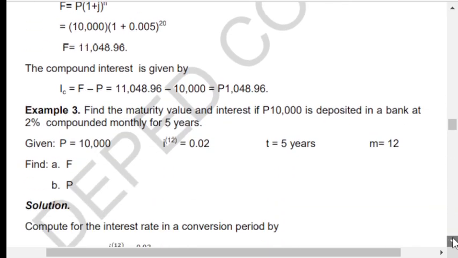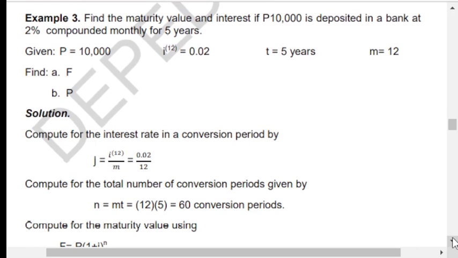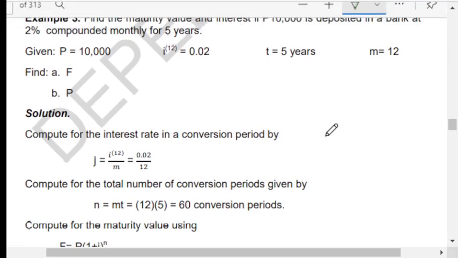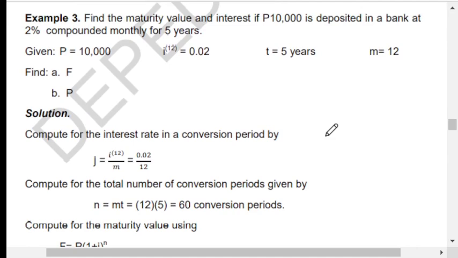Okay? Okay. Next is find the maturity value or future value and interest if 10,000 pesos is deposited in the bank at 2% compounded monthly for 5 years. So, now it is monthly, before it was quarterly.